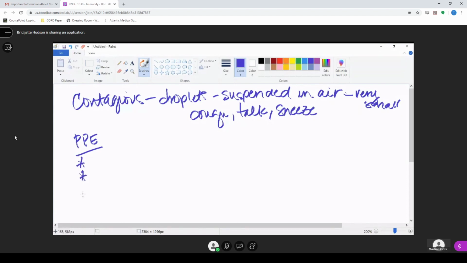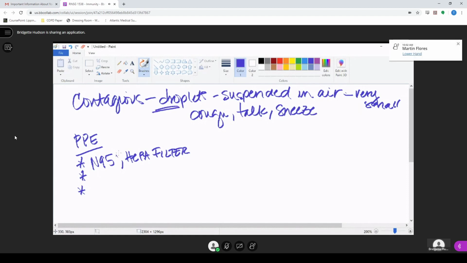You should wear droplet precautions, N95. Yeah, N95, or the HEPA filter mask is another name for it. They're definitely going to be on droplet and airborne precautions. What else? Negative pressure rooms. Yep, they need to be in a negative pressure room.